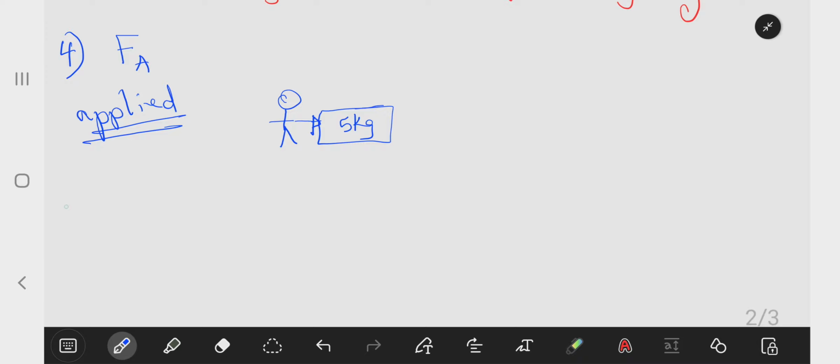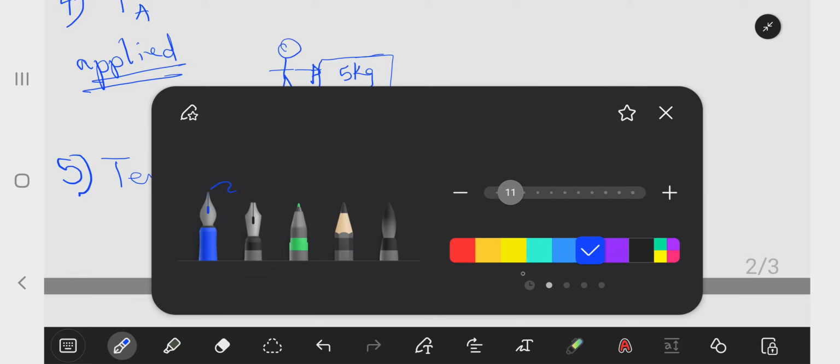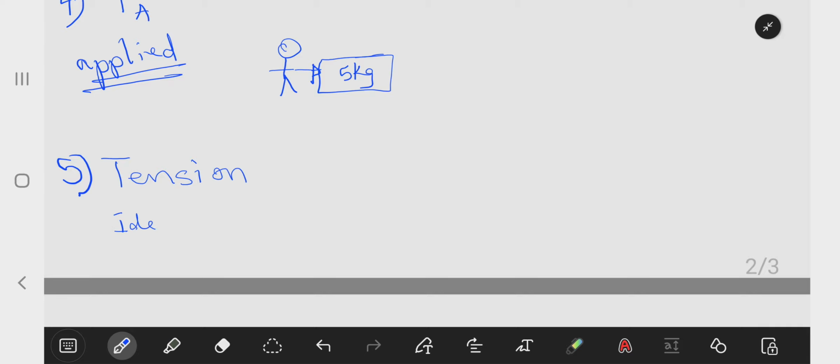Now the next force is what we call tension. Firstly, I would like to explain when we identify a tension force. In terms of identification, we use the key term string.